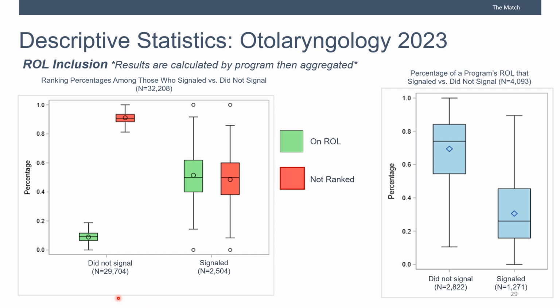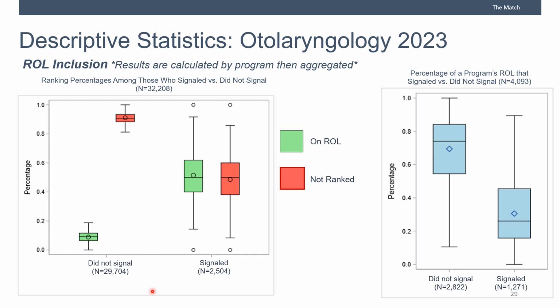Results for ODO are similar to what we saw for GenSurg, except the effect of a signal on being ranked seems to be much stronger for ODO than for general surgery. Here we see that only 9.5% of applications that did not signal ended up being on the roll, whereas on the other hand, 50.8% of signals ended up being placed on the roll.